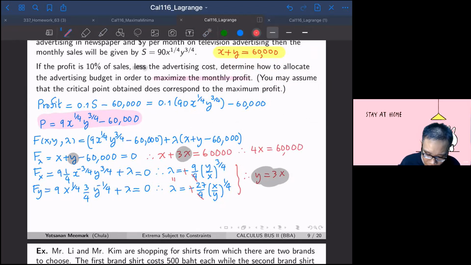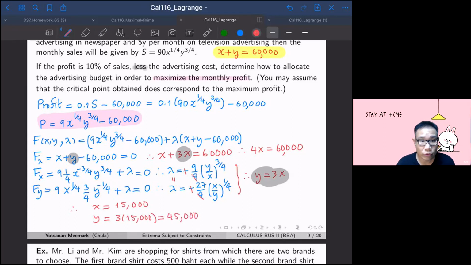And this allows you to conclude that x equals 15,000, and y equals 3 times 15,000, so it's going to be 45,000.